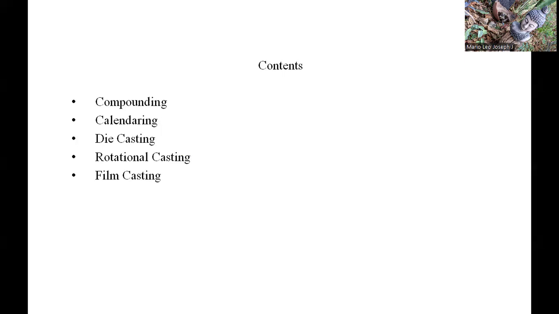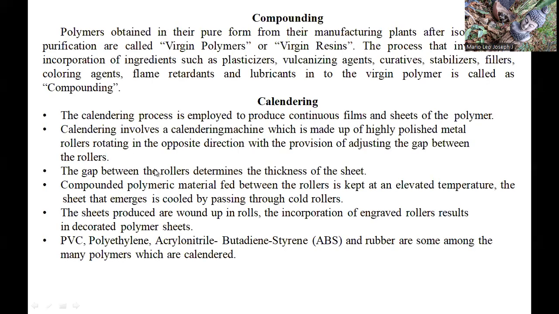So we'll go into the concepts. What is compounding basically? Compounding is when the crude polymer is synthesized or manufactured. That polymer we call a virgin polymer, and some resins are called virgin resins.